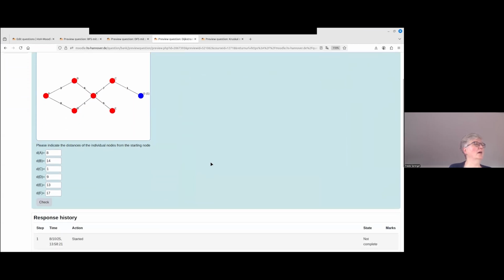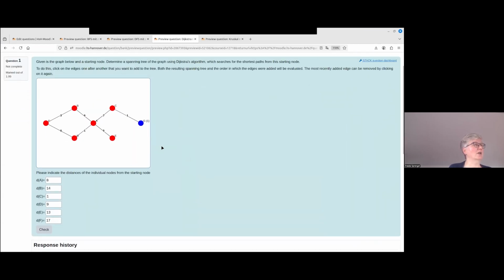So maybe we start with Dijkstra's algorithm, and I prepared something for you. With Dijkstra's algorithm, you just have a starting point, and then you click on an edge and say, well, I add it to the spanning tree, and then of course we go from here to here, and we have 2 choices.